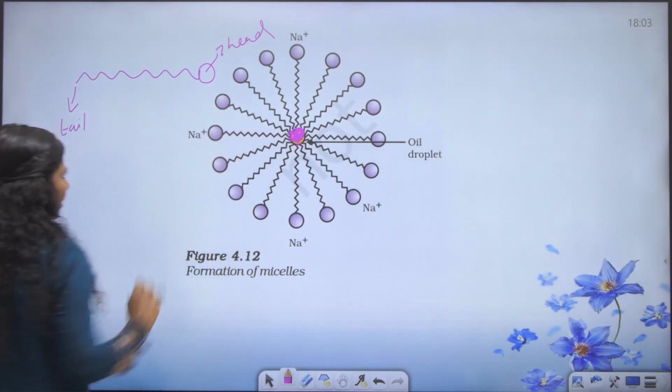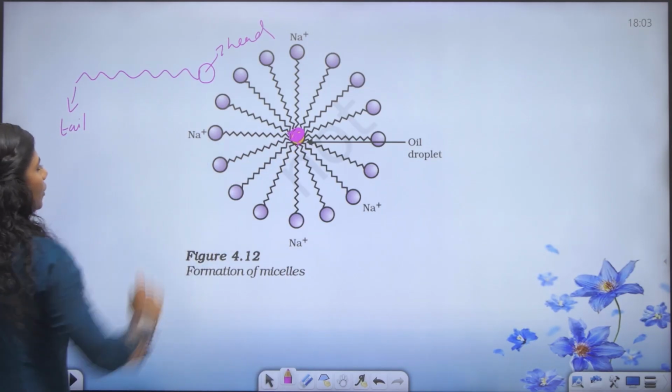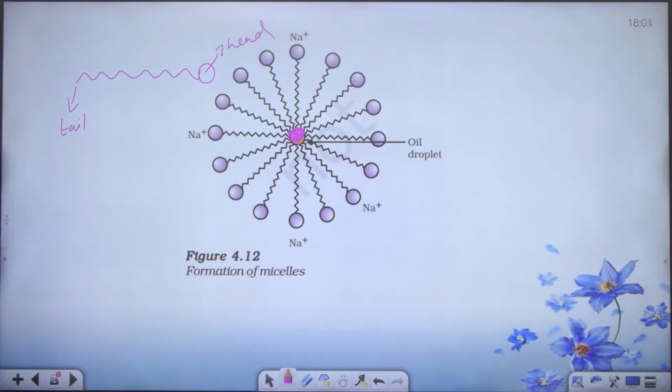The tail part is water repellent and the head part is hydrophilic, the water attractive part.